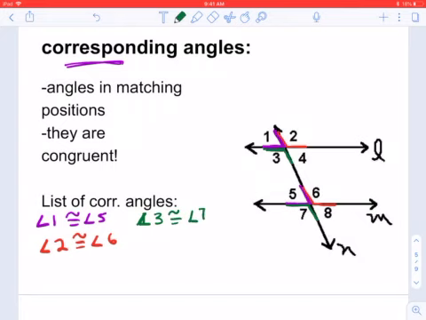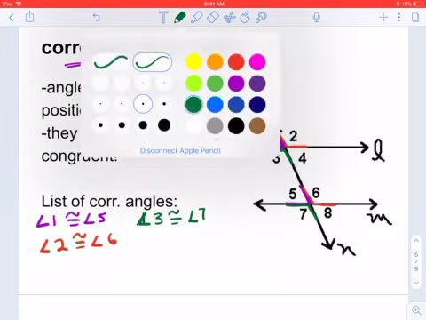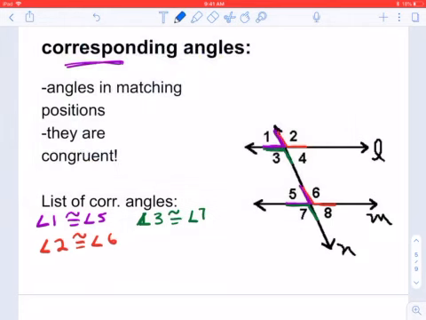Again, it's like you just slid it right down the transversal. And then the last one, let's go with a blue. So angle 4 is in the lower right, and so then angle 8 is also in the lower right. So that means that angle 4 and angle 8 are corresponding angles, which means they are congruent to each other.